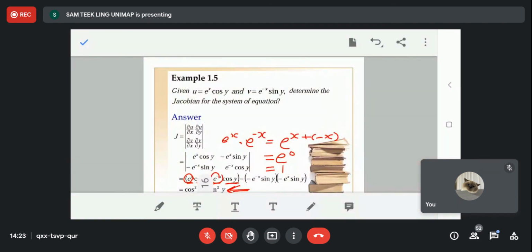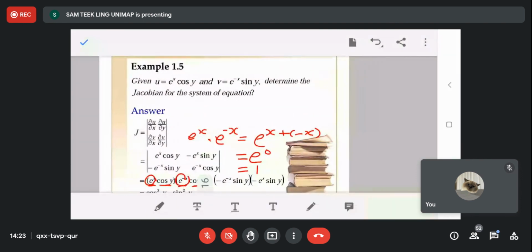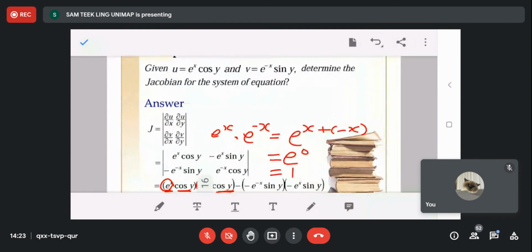Then the J we use this one. So you can see, same one. U equals exponential x cos y. V equals exponential negative x sine y.